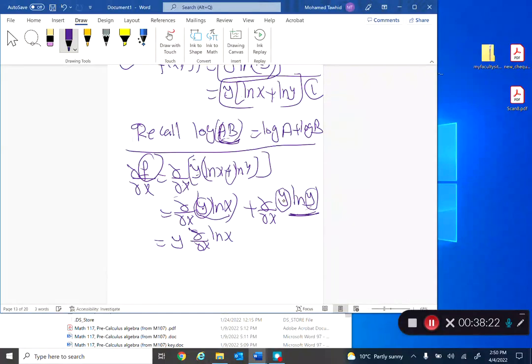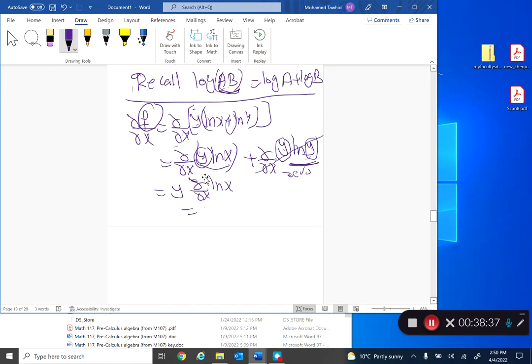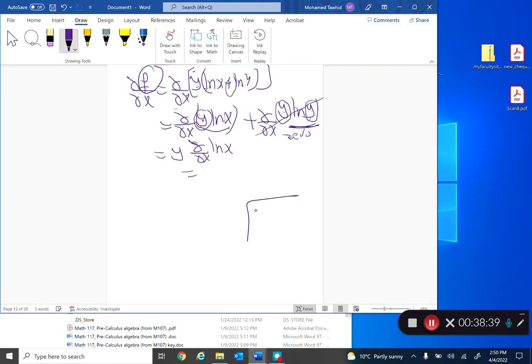If you have y equal to 2, what you have is 2 multiplied by ln 2, and ln 2 is a constant. So what is the derivative of this? The derivative of that is 0. If I simplify this, what is the derivative of ln x? It will be 1 over x.